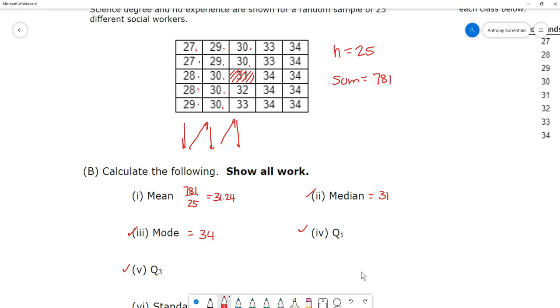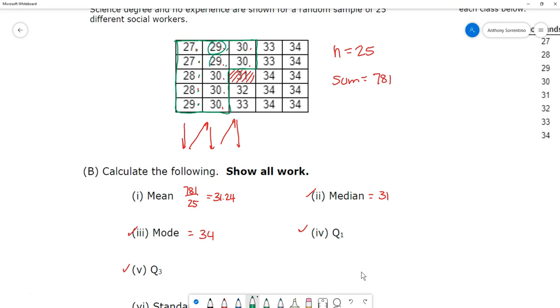Q1, now I'm looking for Q1, I'm looking in this group over here for its middle. There's 12 in that group, so if I take 12 divided by 2, I get 6 evenly. So the 6th and 7th one is what Q1 is going to be. So 1, 2, 3, 4, 5, 6, 7.